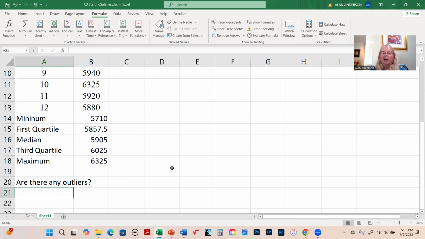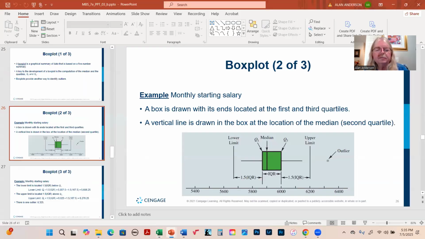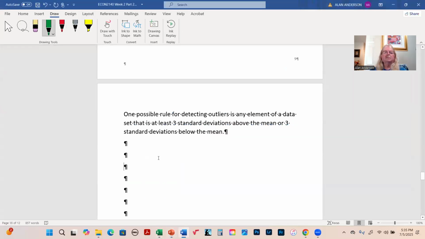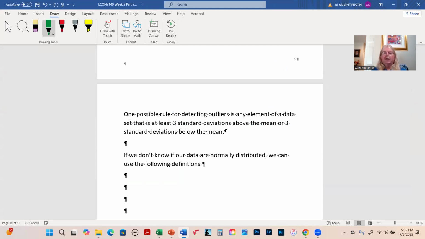So when we don't have necessarily normal data, one way we can do this is to use the following definitions for outliers.